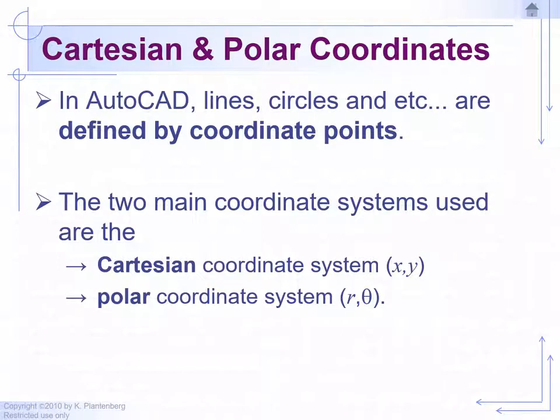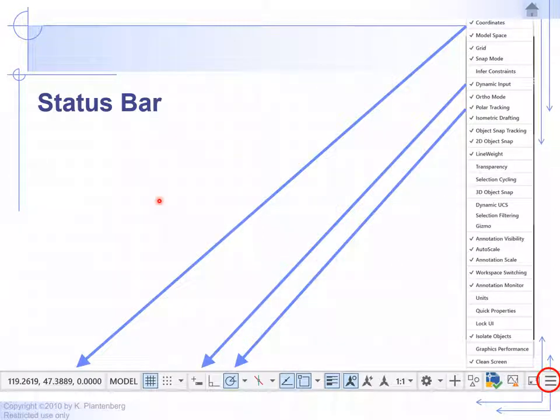Next slide. Okay, before moving on with coordinates, let me recommend going to the status bar. Lower bottom right, you'll see the status bar. Click on the last icon and it'll give you a list of all the items that may be loaded onto your status bar. Anything with a check mark, you'll see the icon loaded in the status bar.